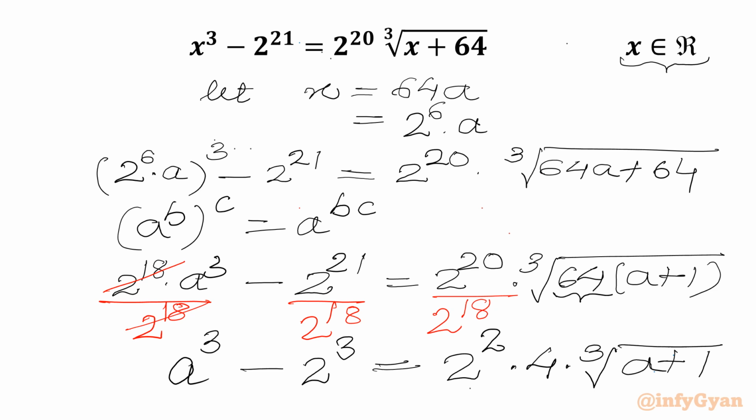So I can write a cube minus 8 equal to 4 times 4 times cube root of a plus 1. So a cube minus 8 equal to 4 times 4, so 16, we can write cube root of a plus 1.